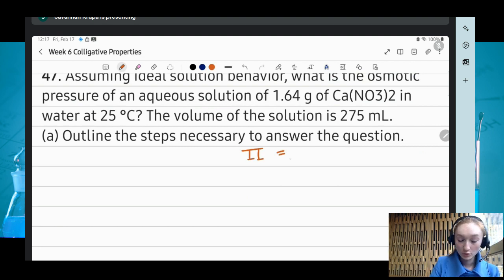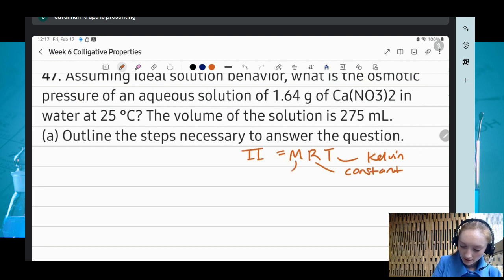Equal to the molarity, so capital M in this situation, multiplied by R, that's a constant, multiplied by temperature, and that's going to be in degrees Kelvin. So Kelvin, constant, and capital M is molarity.